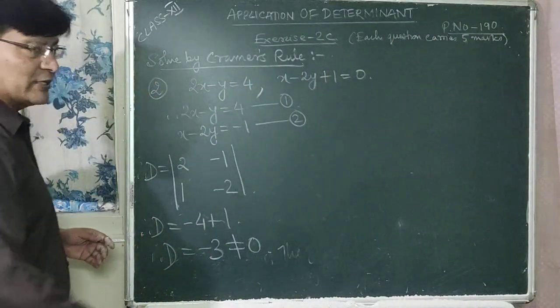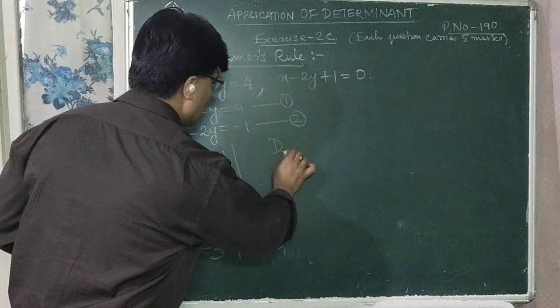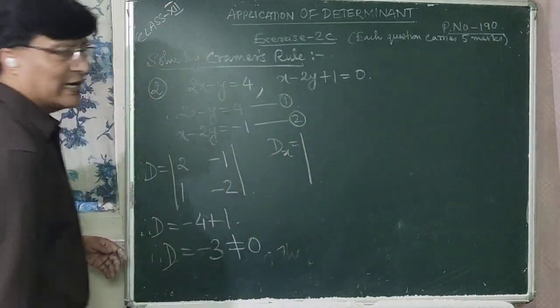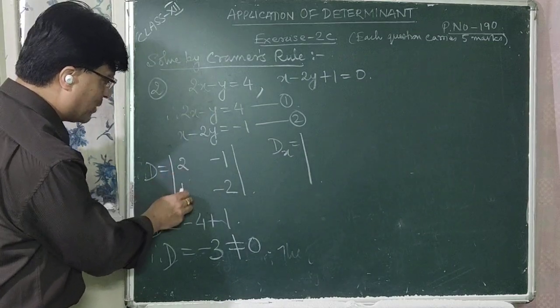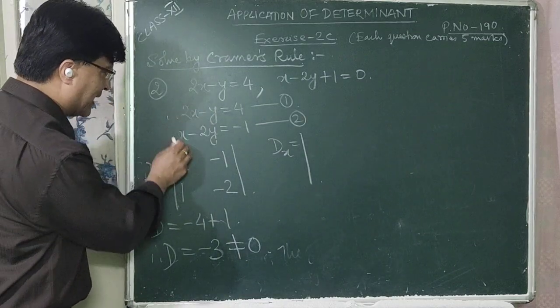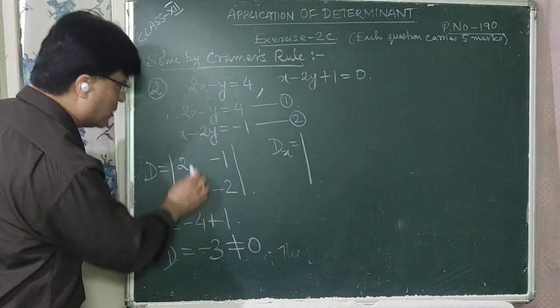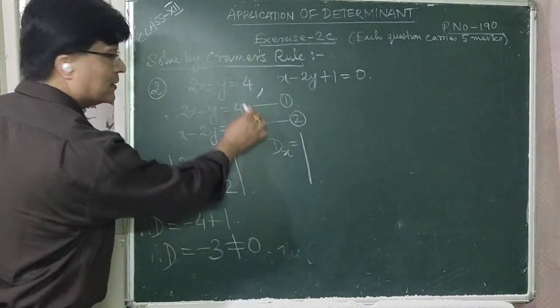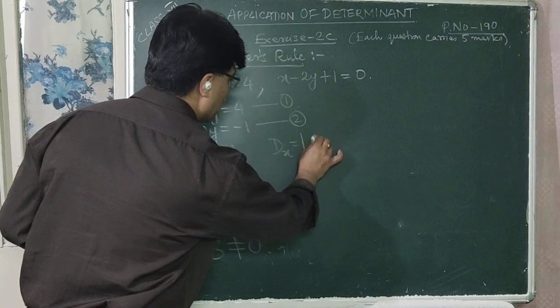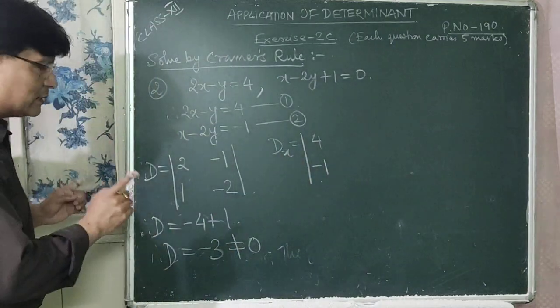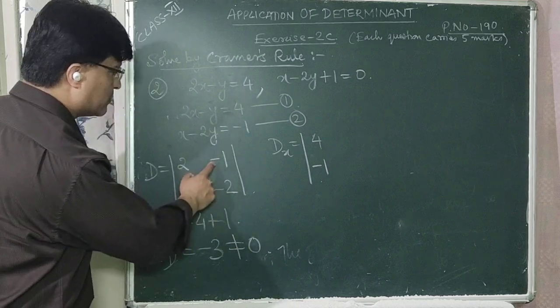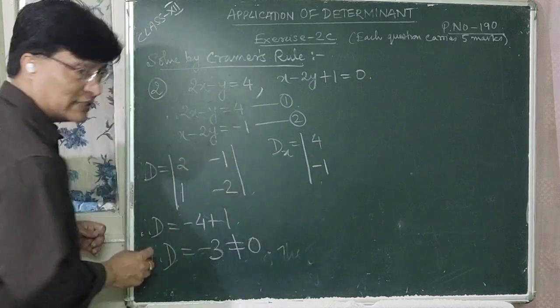Now let us find out dx. In case of dx, these 2 and 1 are the coefficients of x. Now this should be replaced by the constants, that is 4 and minus 1. And the second column remains the same, that is minus 1, minus 2 in case of dx.